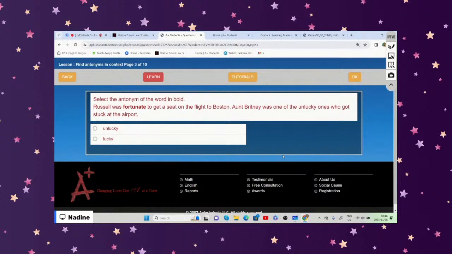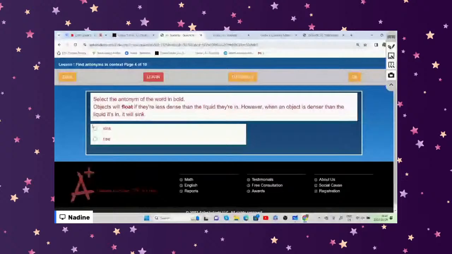Russell was fortunate to get a seat on the flight to Boston. Aunt Brittany was the one who was unlucky and got stuck at the airport. So the opposite of fortunate, if one is not fortunate, then it means that you are unlucky.